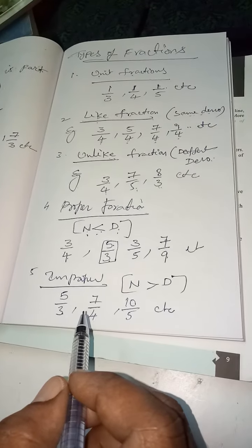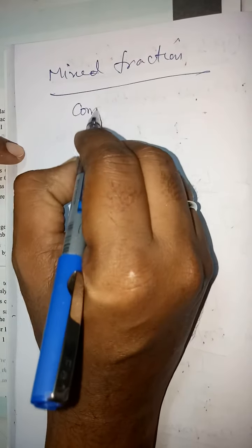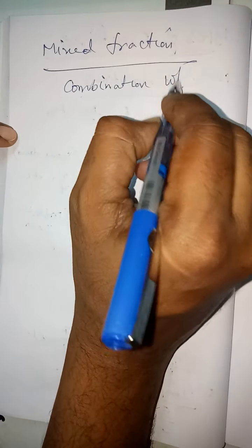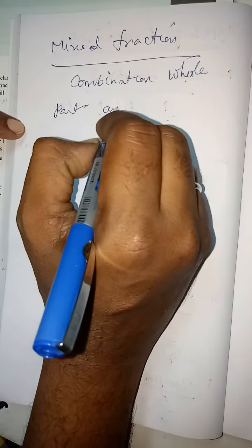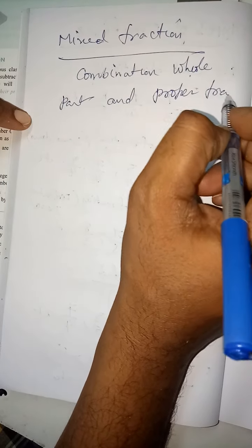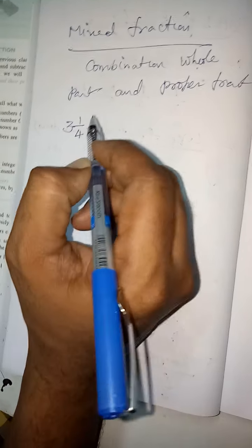The next one is the mixed fraction. This is a combination of a whole part and a proper fraction, not improper. For example, 3 1 by 4.